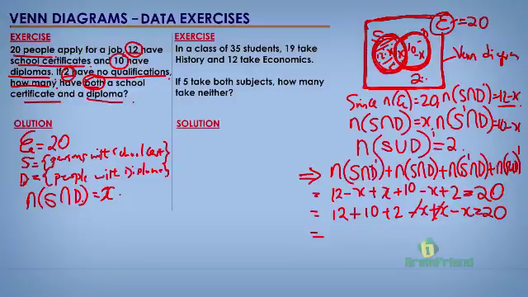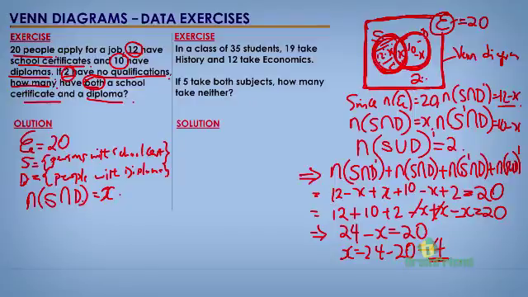I would have 12 and 10 and 2 as 24 minus X is equal to 20. X therefore would be 24 minus 20, and that would give us 4. So we have 4 persons, which is the value for X, that have both certificate and diploma.